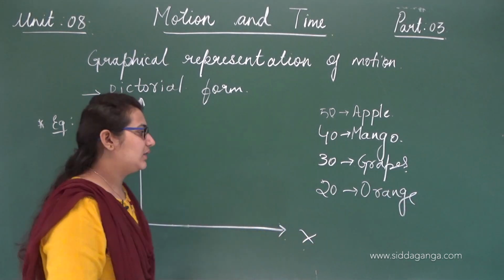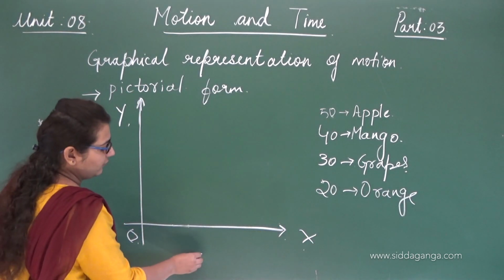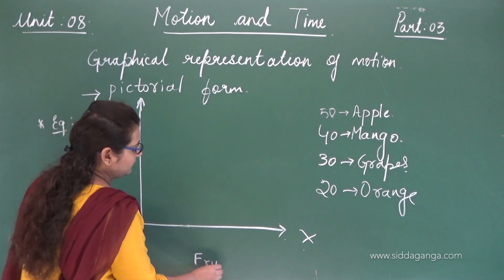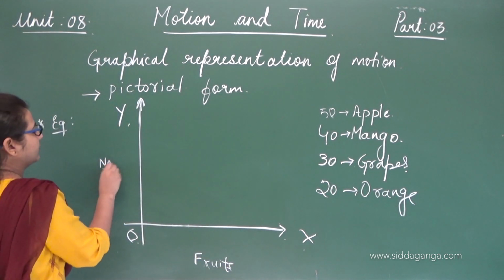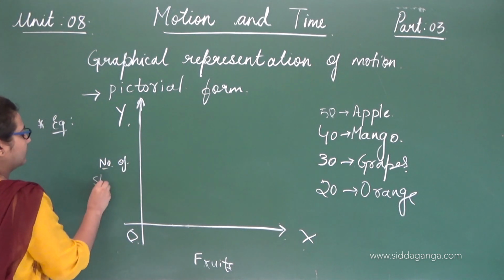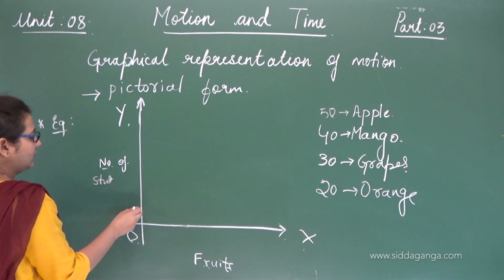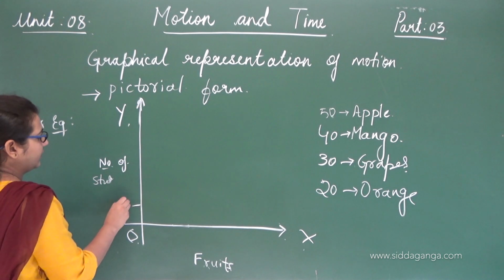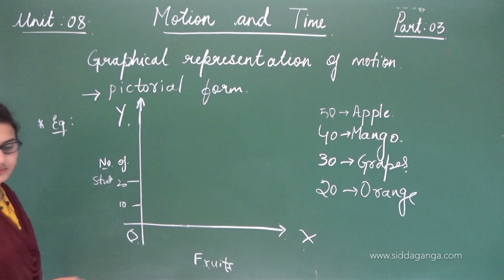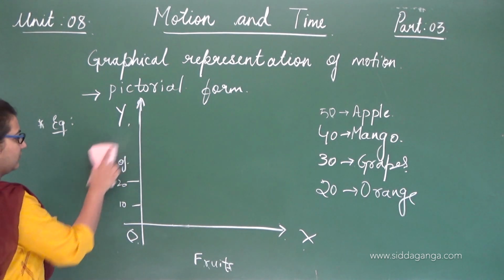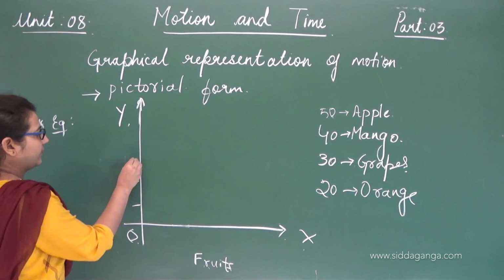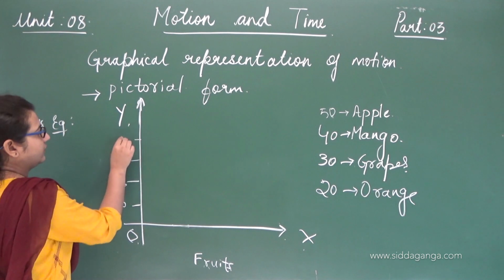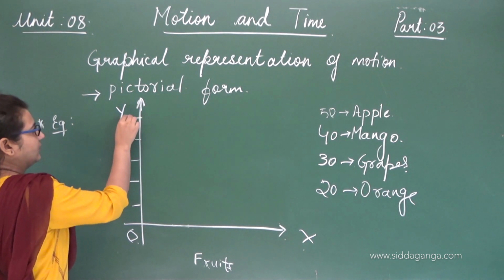Here we'll take fruits, and here we'll take number of students, let me say 10, 20, 30, 40 and 50.